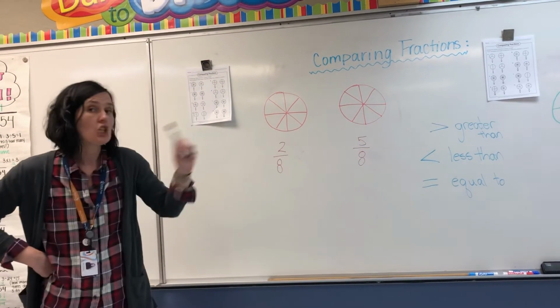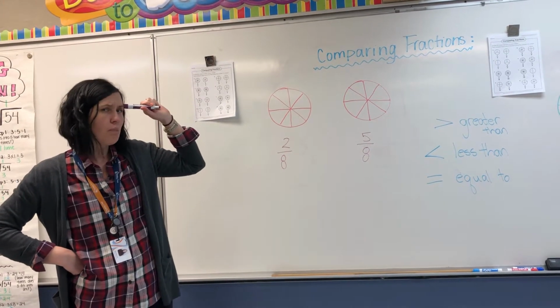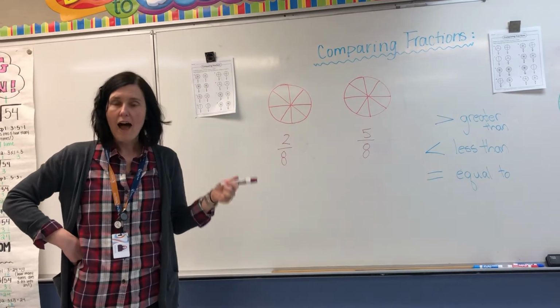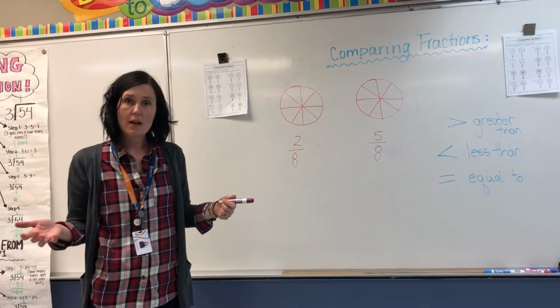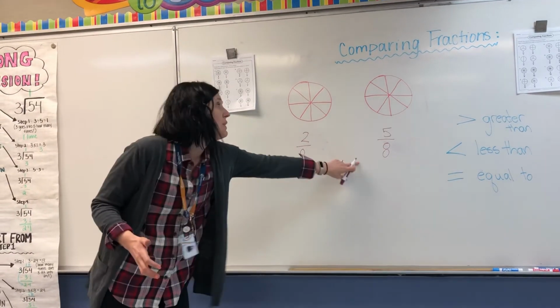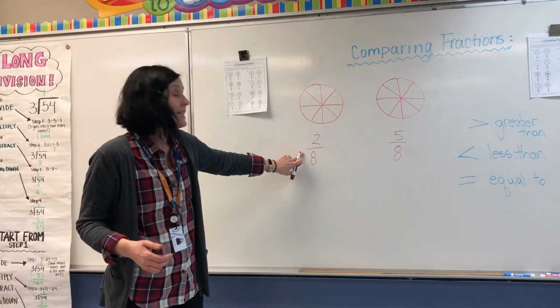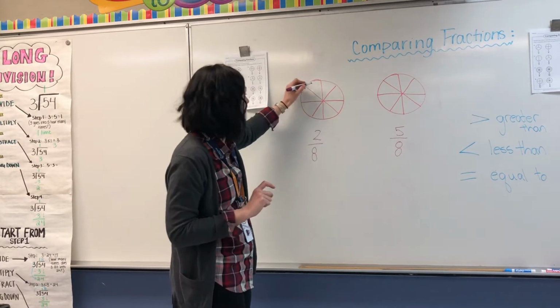So without even shading it in, I think, okay, is 2 parts out of 8 bigger or 5 parts out of 8 bigger? Well, 5, if I shade it in 5 parts, of course that's going to be bigger, right? So you actually don't even need these circles to figure that out. 2/8 is going to be less than 5/8, but let's shade in our circles to confirm that.